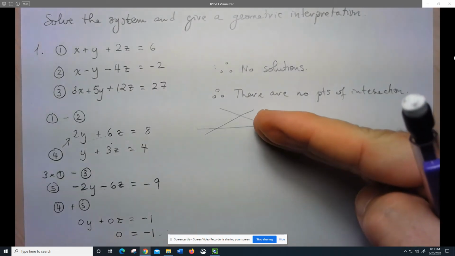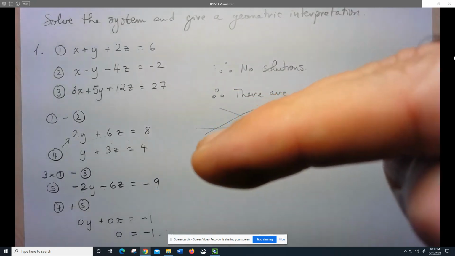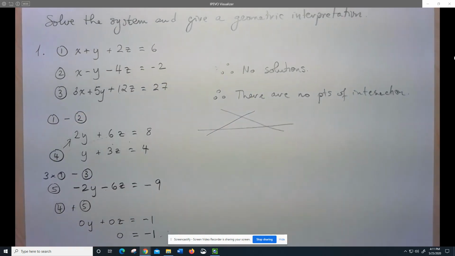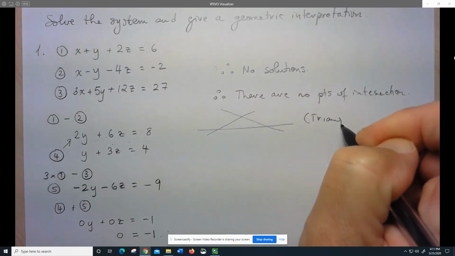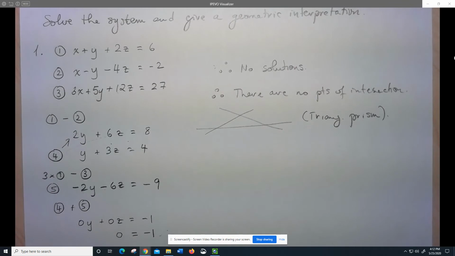So again, you have to remember, this is a cross section. You have one plane coming out here, another plane coming out there, another plane coming out there, and they create this triangular prism. So that is the geometric interpretation.